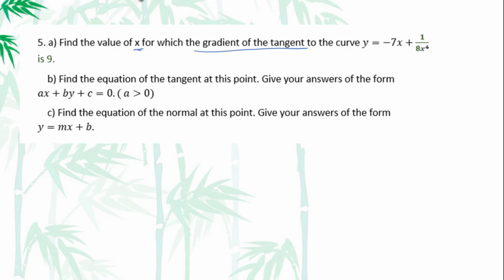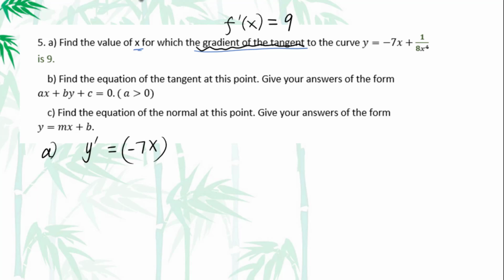From given information, gradient of a tangent line means f prime of x equals 9.